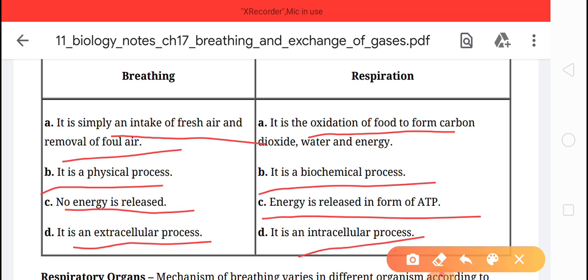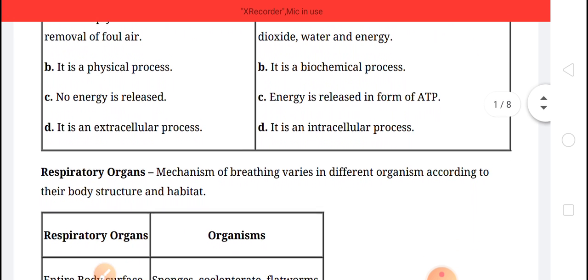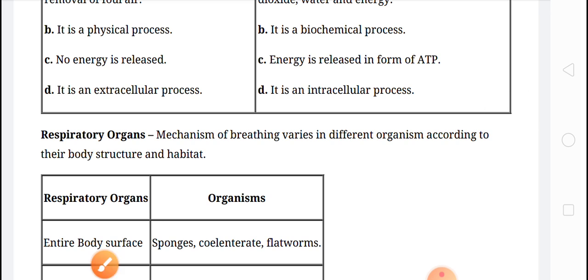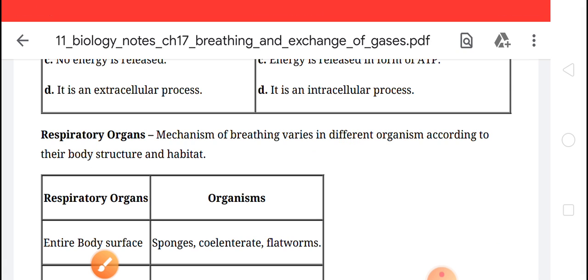Now we will discuss respiratory organs. Different organisms have different organs for breathing, that is exchange of gases. The mechanism of breathing varies in different organisms according to their body structure and habitat.